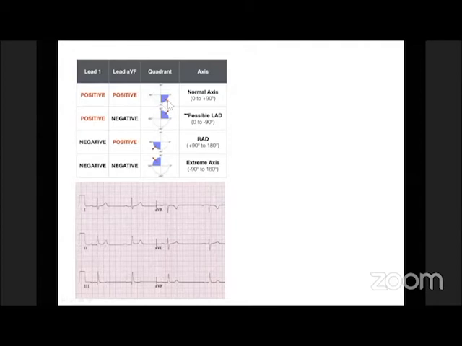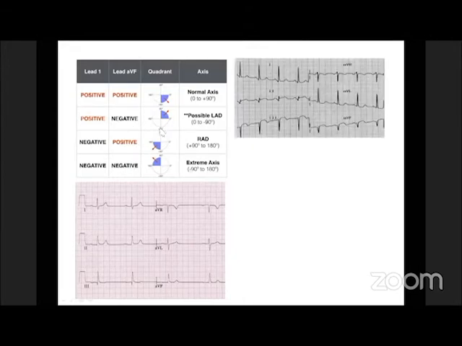So this is the normal axis of the heart, when lead 1 and aVF are both positive. If lead 1 is positive and aVF is negative, it means there is left axis deviation. The direction of electricity is between 0 and minus 90.